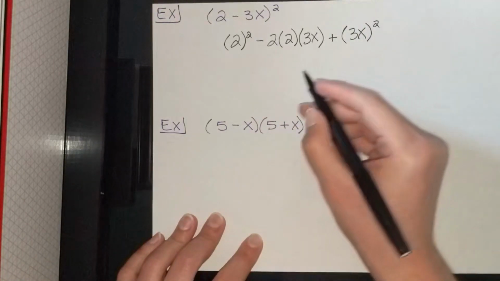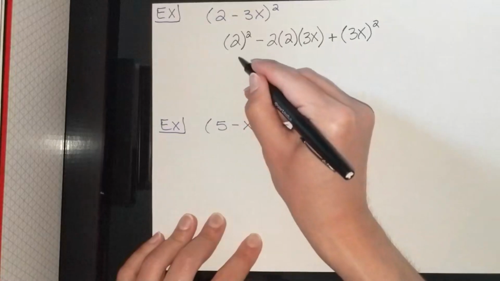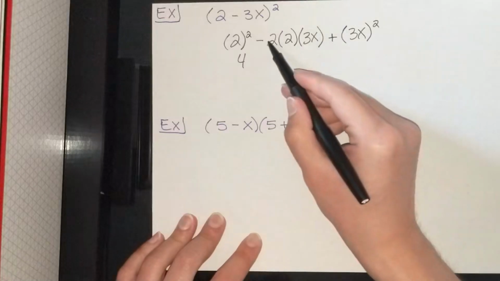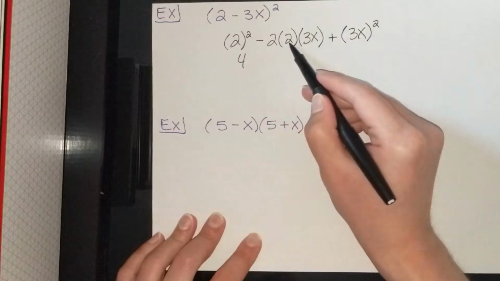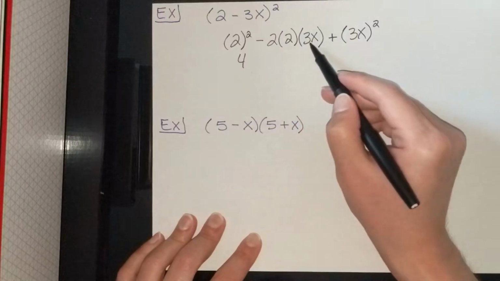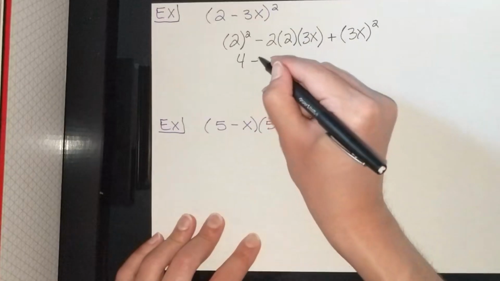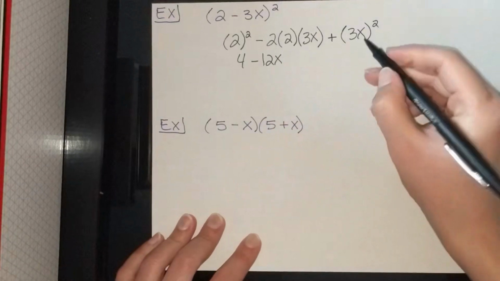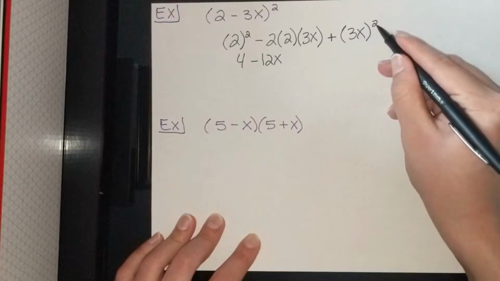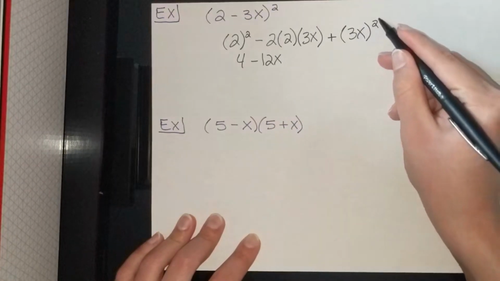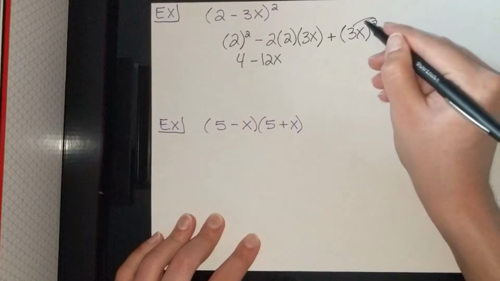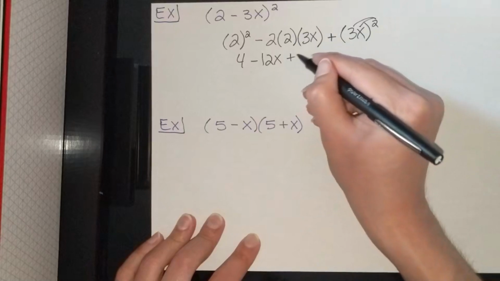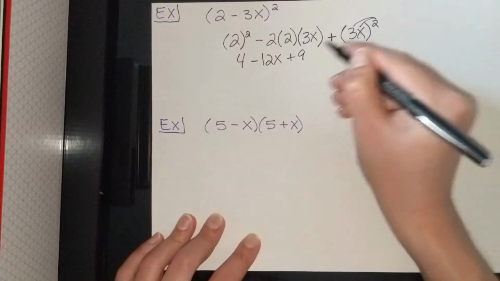And now when we start simplifying this, 2 squared gives us 4. From here, negative 2 times 2 is negative 4, times 3x is negative 12x. And finally, 3x squared. We are distributing the square to each term because we're multiplying. So 3 squared is 9, and then x squared.